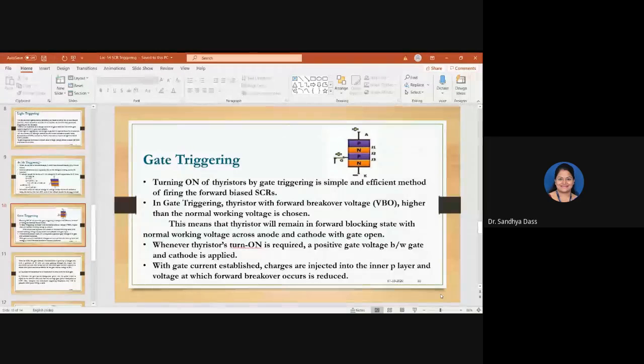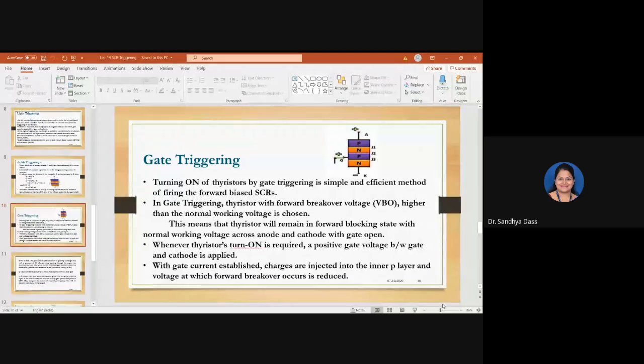So, turning on of thyristors by gate triggering is simply what we have already discussed, that we are applying voltage to the gate terminal, right? So what happens here, even if the supply voltage you are applying across anode and cathode is below breakover voltage, if you recall the characteristics, by applying the control signal or the gate signal, you can make the SCR turn on from blocking state to on state.